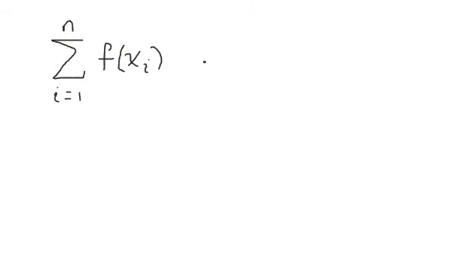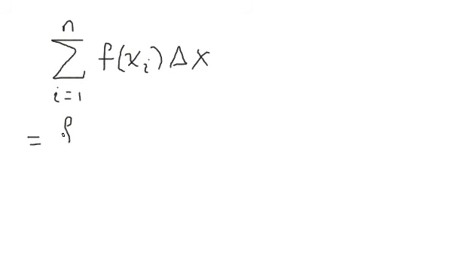All right, let's do one more here. Something that we're going to be more likely working with here shortly. We have the sum of i equals 1 to n. This time we're going to use the function f of x_i times delta x.